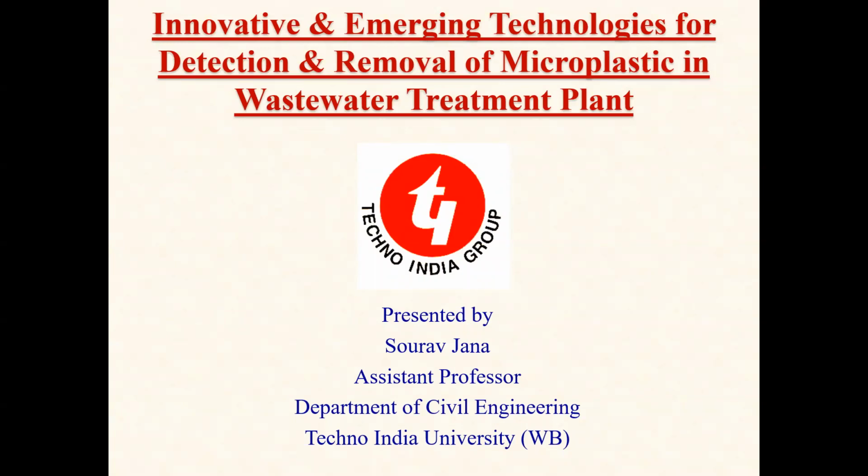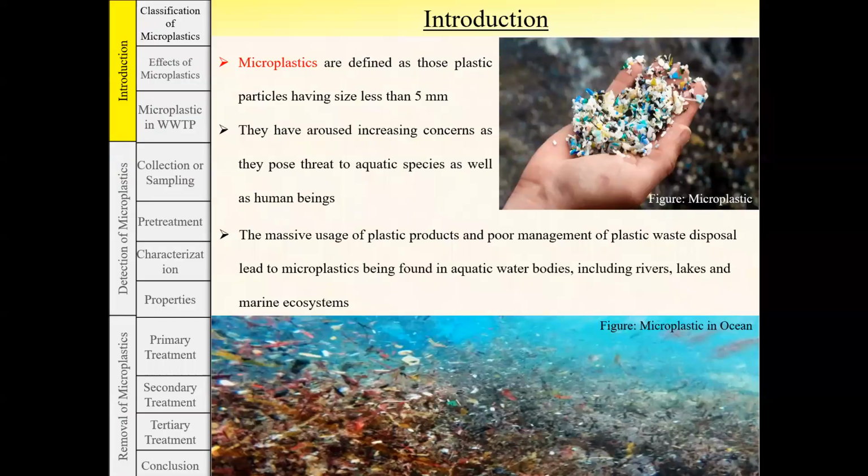Firstly, in the introductory part, we will go through the definition of microplastic. What is it? Microplastics are one sort of plastic particles, but of smaller size. Basically, plastic particles having size less than 5 mm are called microplastic.